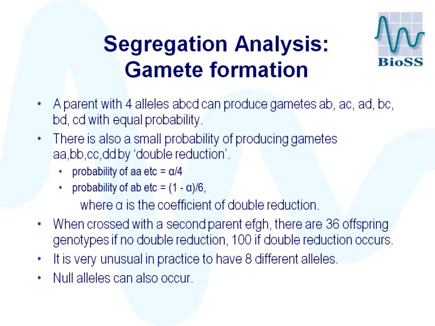So in terms of the probabilities, it means that if you have a parent where you can observe 4 different alleles at a marker, A, B, C, and D, what you expect is that they will produce gametes of 6 different types. So you can have AB, AC, AD, BC, BD, or CD, all with equal probabilities.